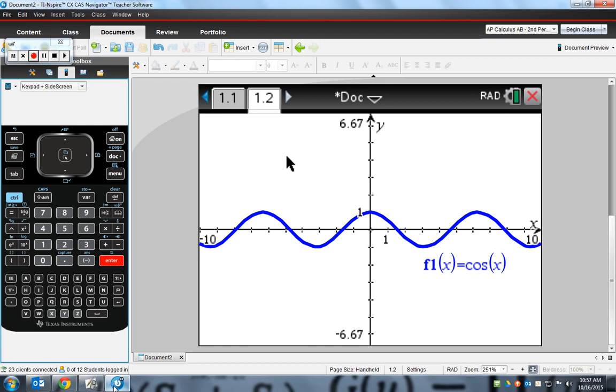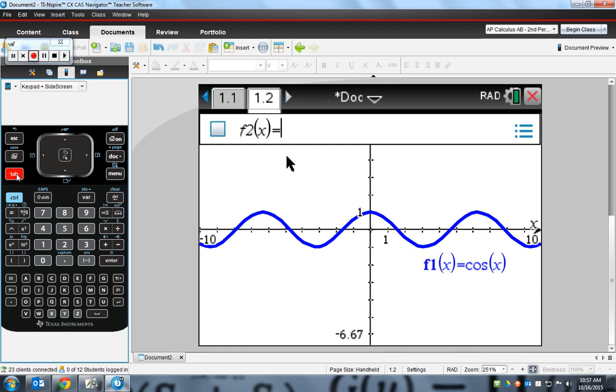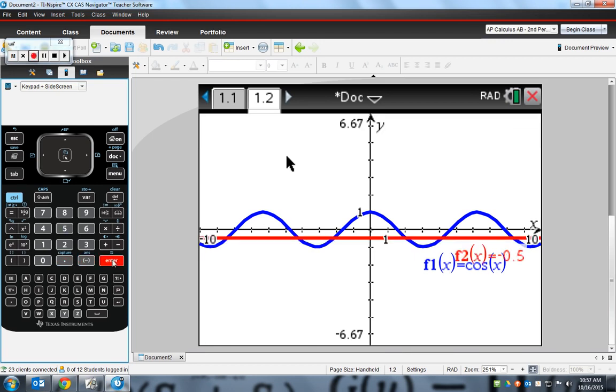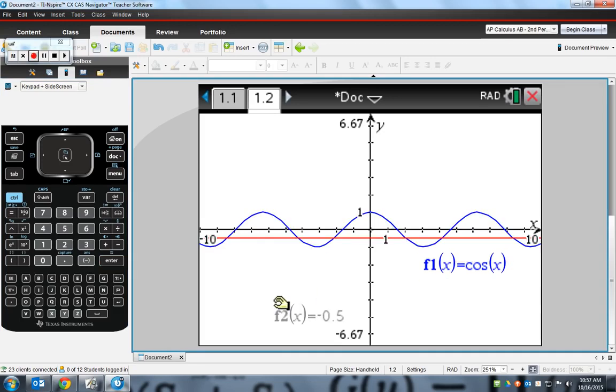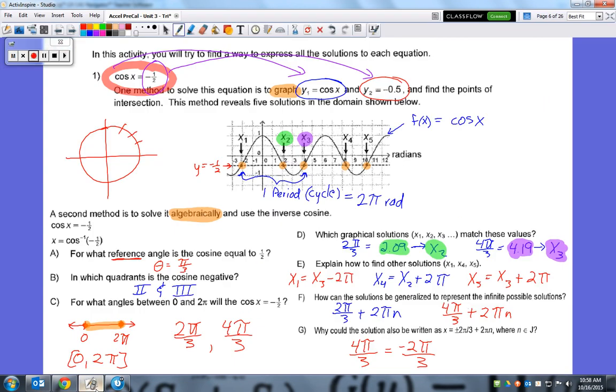So I'm going to go to y2. So I'm going to press tab. I'm going to put negative 0.5, and I press enter. So this graph, these graphs right here, we already have on our piece of paper drawn for us, but I just want to quickly show you how you do it with the calculator. And we're basically trying to see when they equal each other.